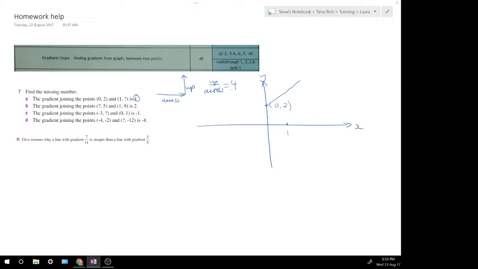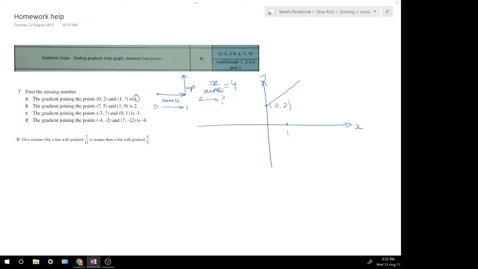That's the gradient. And the way you work out what's the across and what's the up is the change in the x and the change in the y. So we know the x goes from 0 to 1, and we know that the y goes from 2 to we don't know.